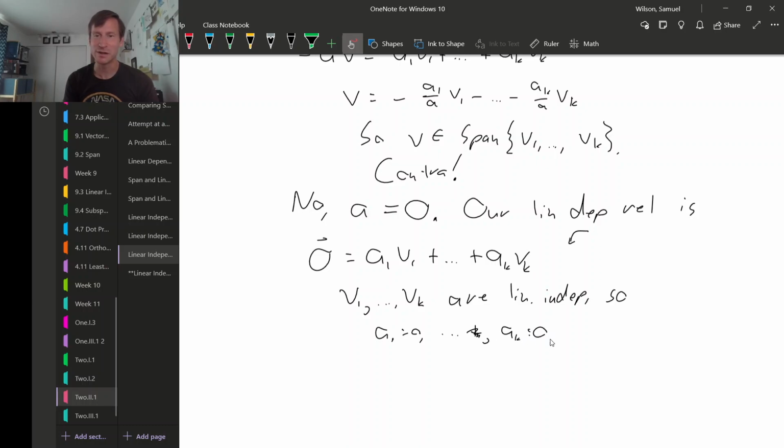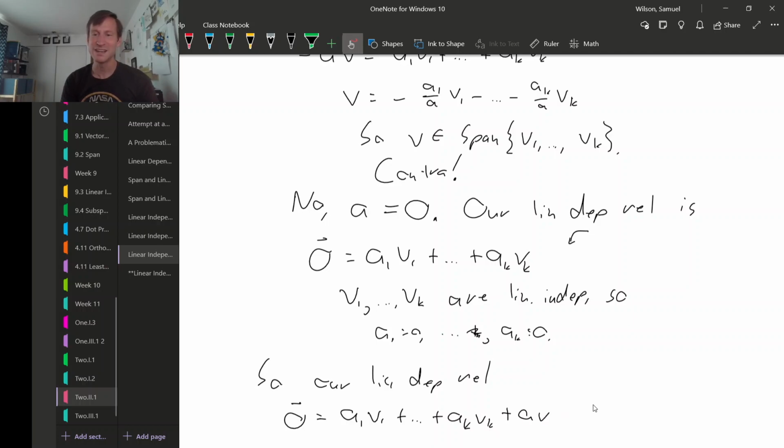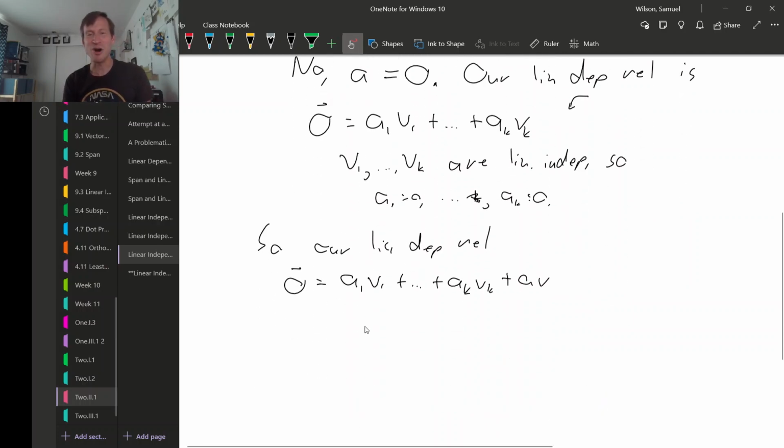So our linear dependence relationship at the very beginning, 0 equals a1 v1 plus dot dot dot plus ak vk plus a v. Well, now we know all of these scalars are actually 0. So this linear dependence relationship is the trivial linear dependence relationship.